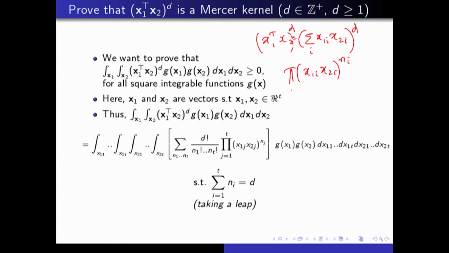So there would be a product over the i's for different values of ni's. But this can happen for as many configurations as the number of ways you can choose these ni's from d. What would that mean? It will basically mean d factorial divided by n1 factorial, n2 factorial, up to nt factorial.